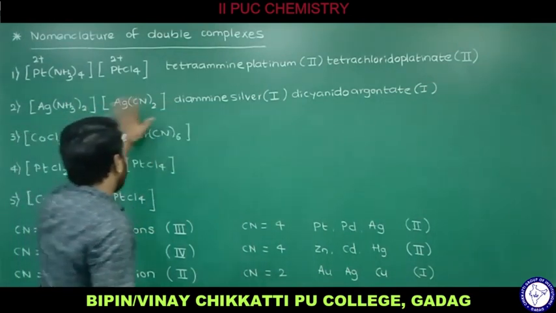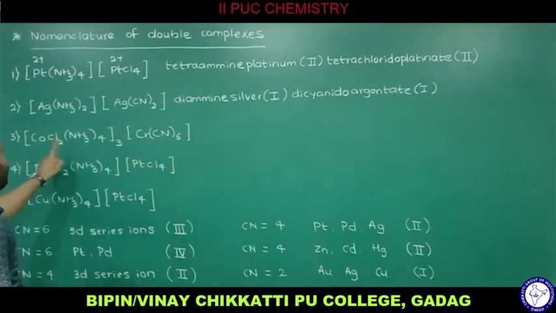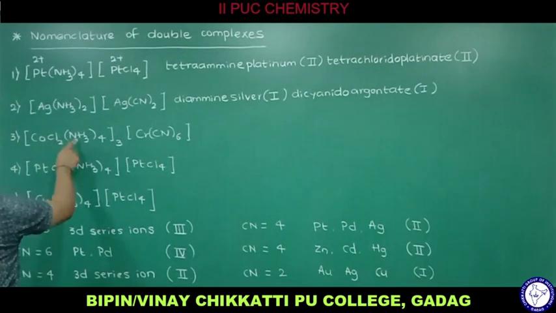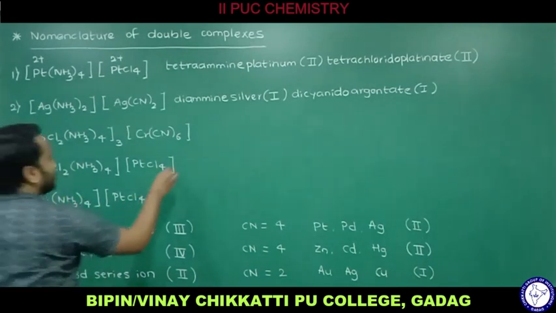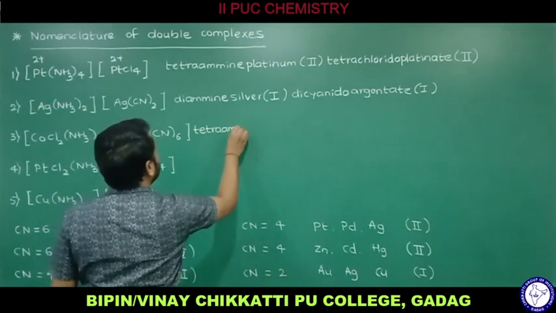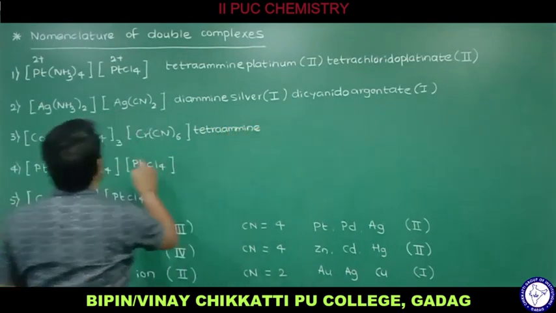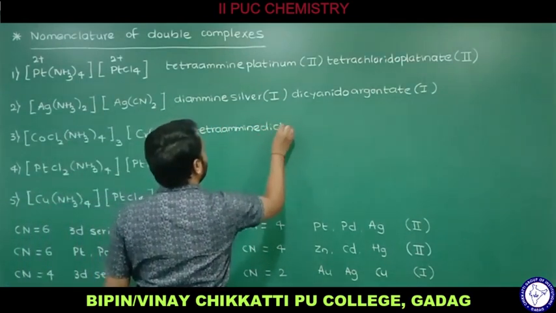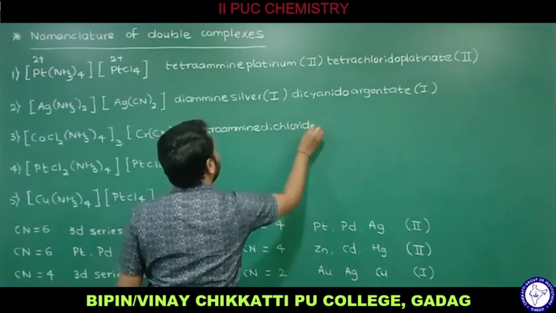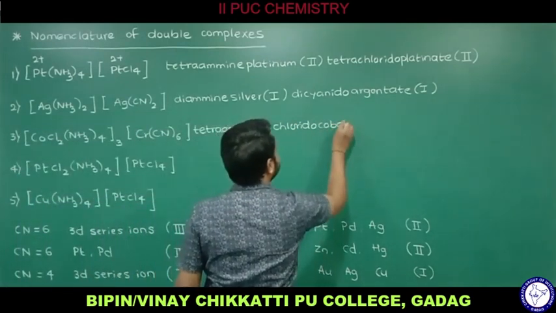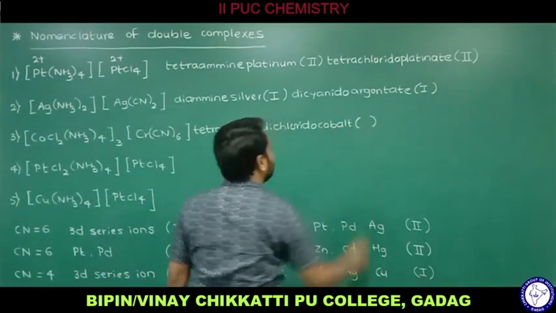Cationic species and anionic species, we have 2 different ligands here. So what I am going to draw, here we have a chlorido and this is amine. So amine comes first, therefore tetraamine, dichlorido, cobalt. We write the oxidation number in bracket.